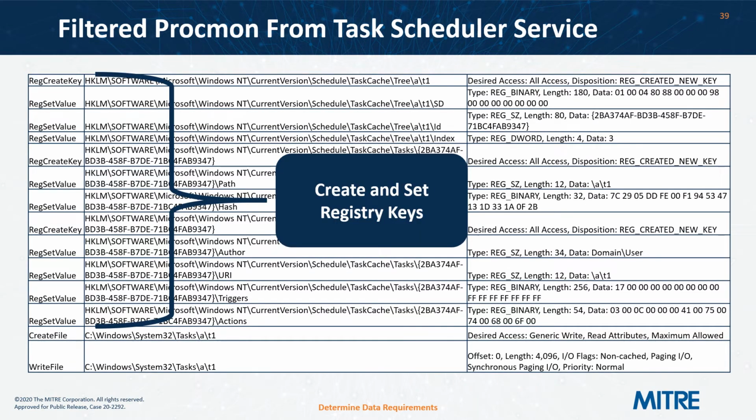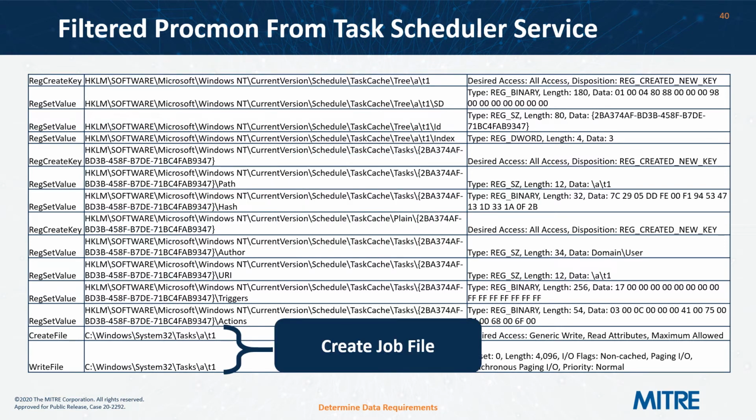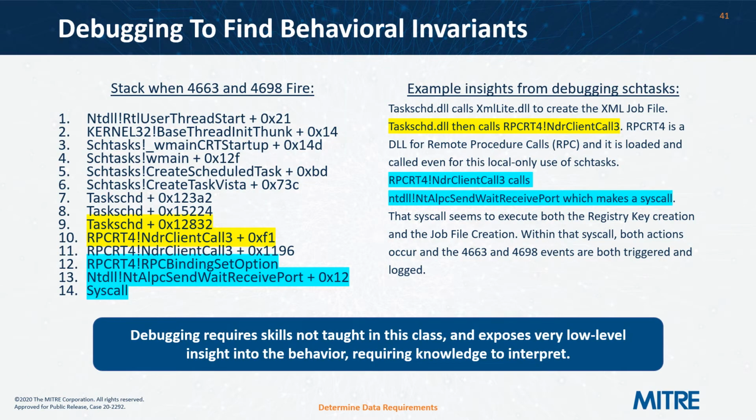We got insight into the registry keys created and the location of the job file creation. We also gained insight into the DLLs used and when event 4663 and 4698 were triggered.